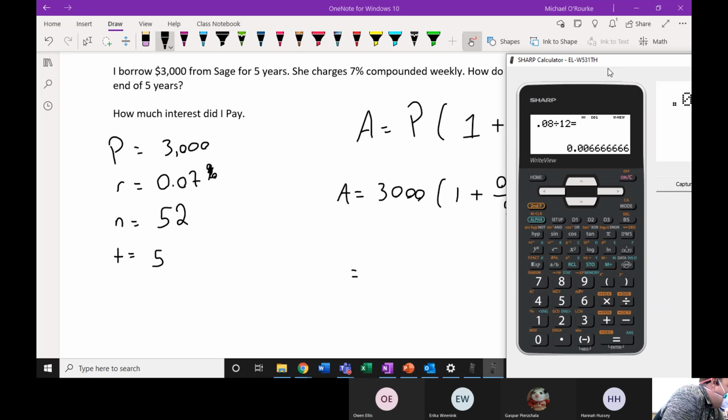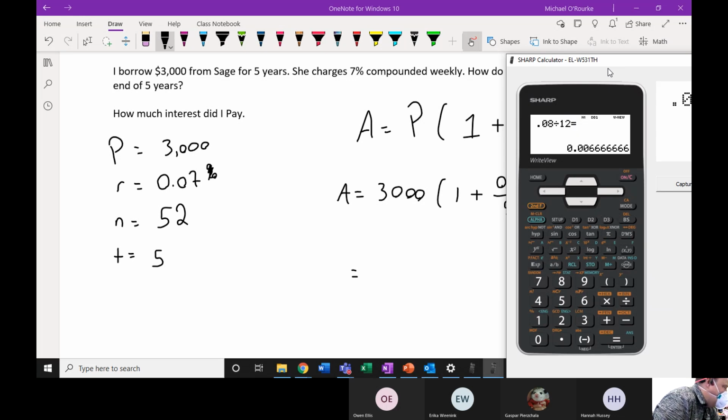Bracket, 1 plus. Press your fraction button. Okay, press 0.07.